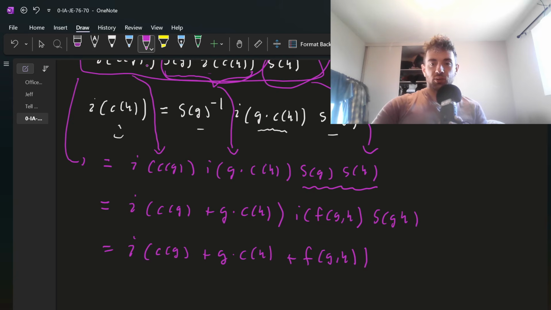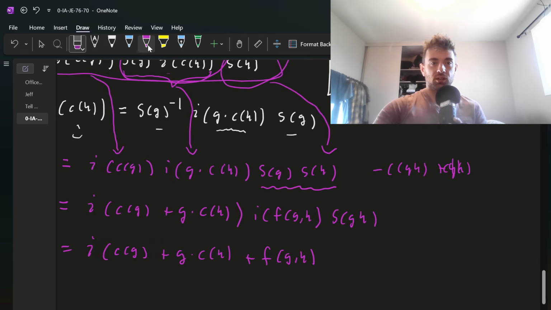We're going to add 0, which is just c of gh minus c of gh, in both sides here. So I'm going to write here minus c of gh, and then outside of this will be i of c of gh times s of gh.